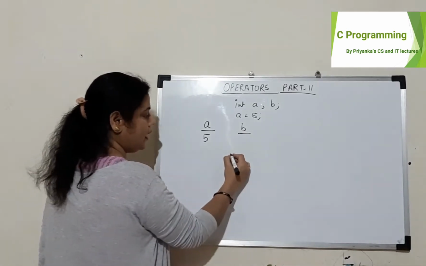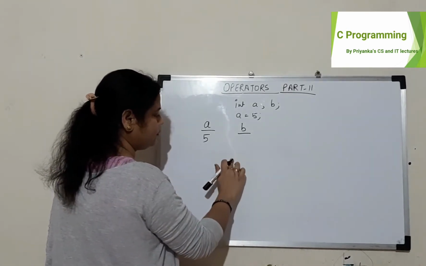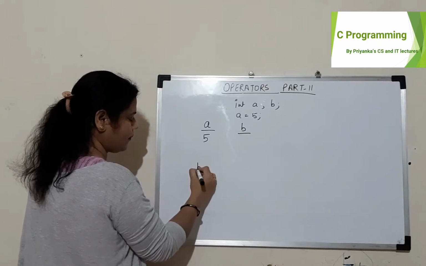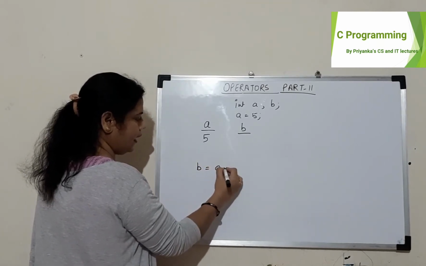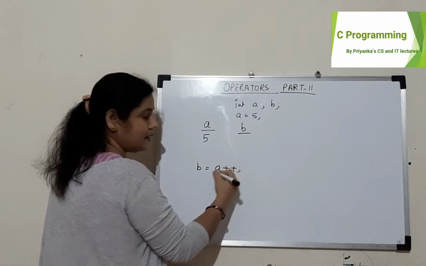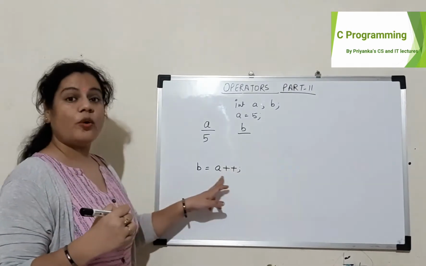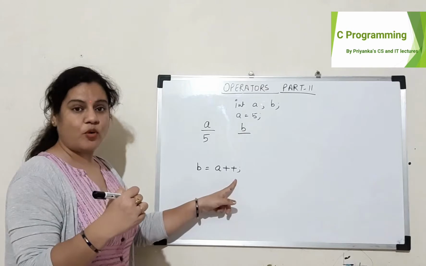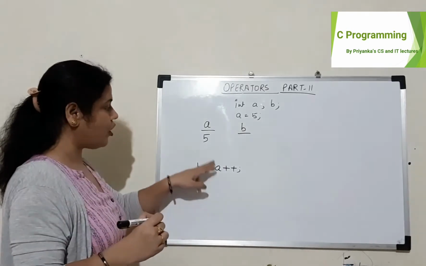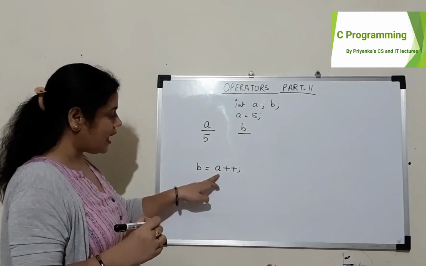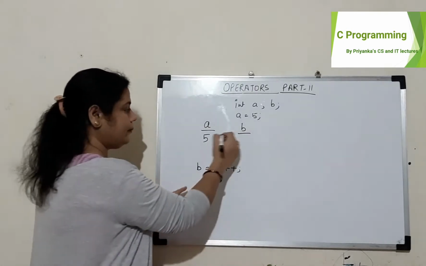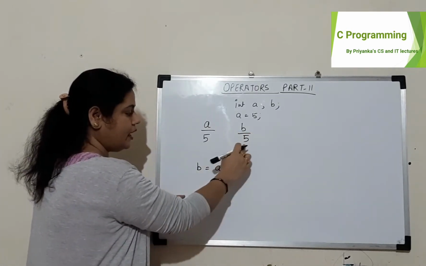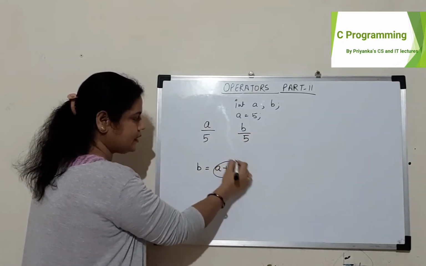If I say b = a++, it means post-increment. Then first of all a will assign its value, 5, into b, and then it will increase itself.